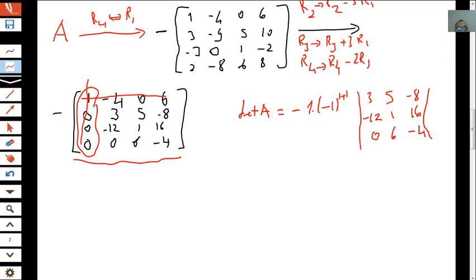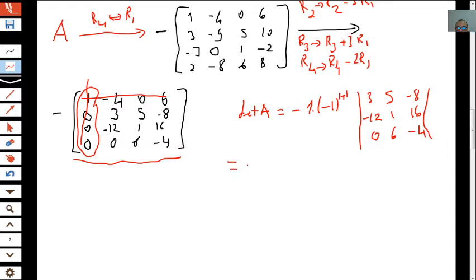We don't write the other terms since the entries are 0, which means the multiplication will always be 0, in the cofactor expansion according to the first column.